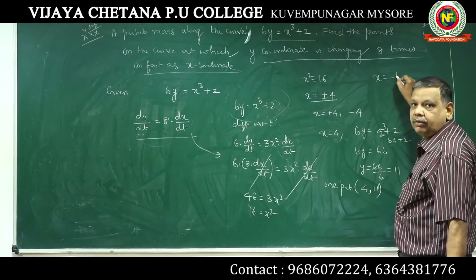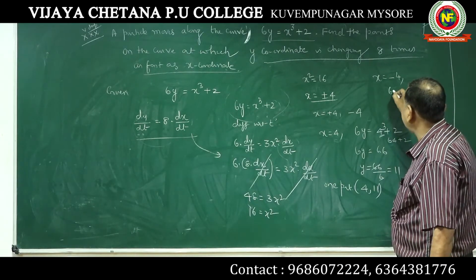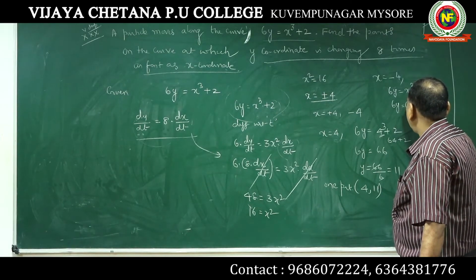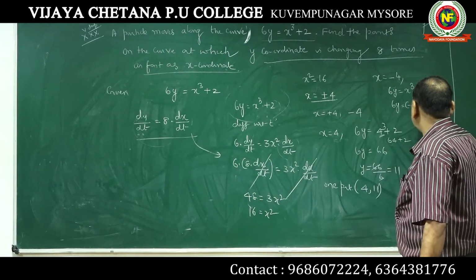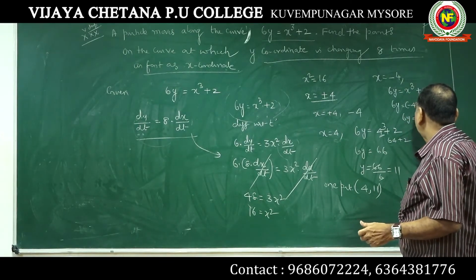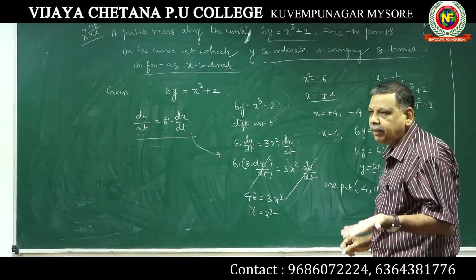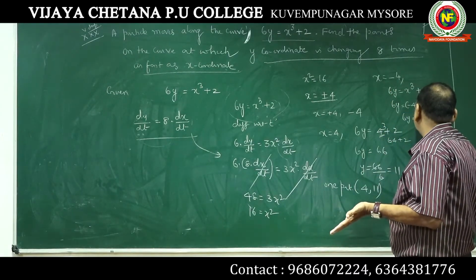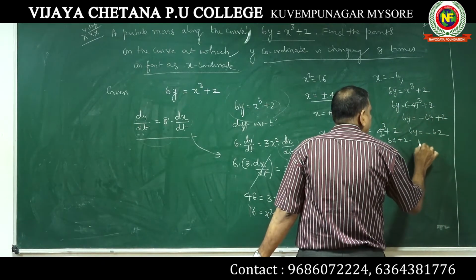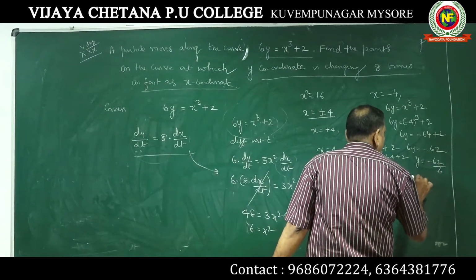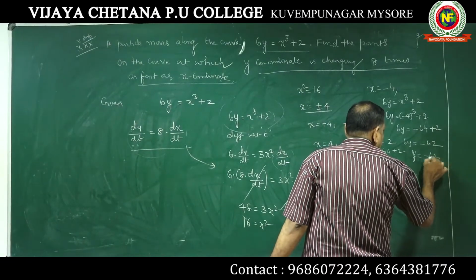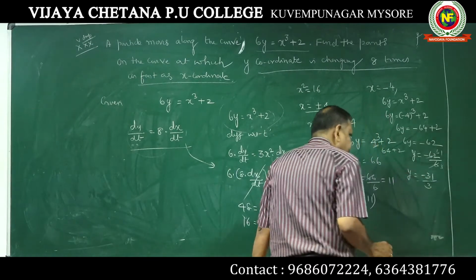Take x equal to minus 4: 6y is equal to minus 4 cube plus 2. 6y is equal to minus 64 plus 2, minus raised to the power of odd is minus, minus raised to the power of even is plus. 6y is equal to minus 62, y is equal to minus 62 by 6, or minus 31 by 3.